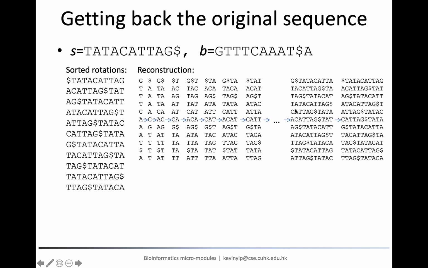Let's use our example to illustrate. Here we show the sorted rotations of S on the left and the intermediate results of the reconstruction procedure on the right. At the beginning, we insert B as a column of the matrix. As discussed before, since every column of the sorted rotation matrix has the same composition of characters, after sorting this column, the result must be identical to the first column of the sorted rotation matrix.